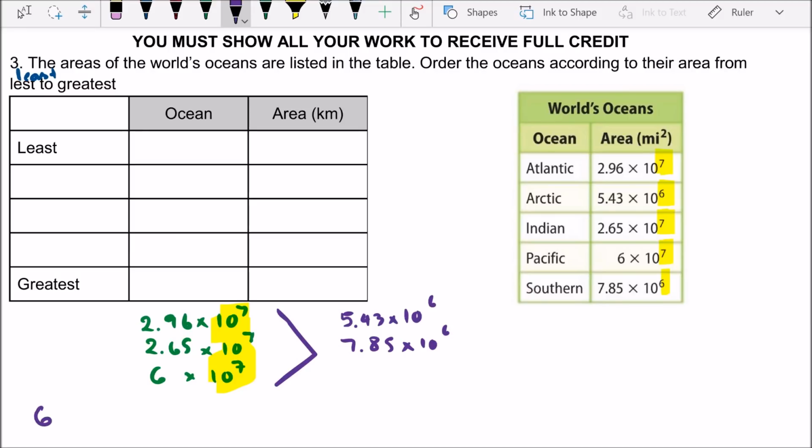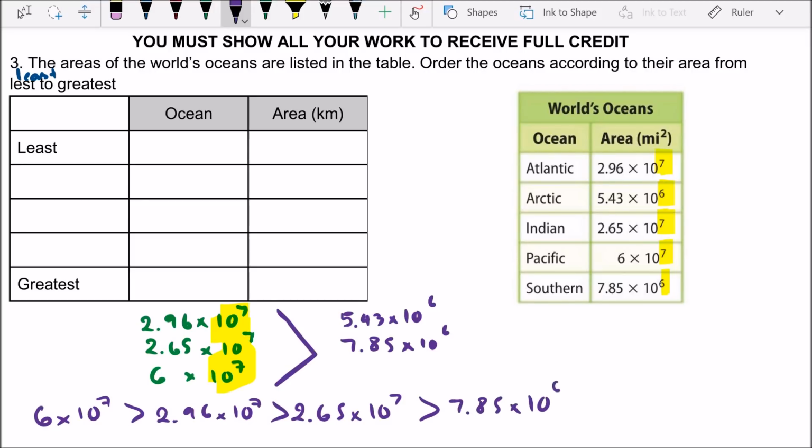So 6 times 10 to the 7 is greater than 2.96 times 10 to the 7, which is greater than 2.65 times 10 to the 7. Now the next one is 10 to the 6th power. So the bigger number is 7.85 times 10 to the 6th, greater than 5.43 times 10 to the 6th.